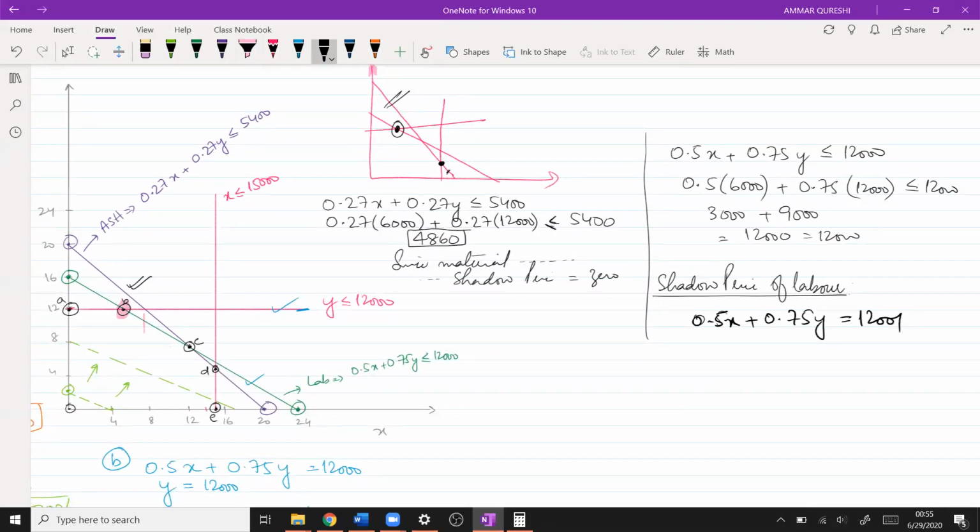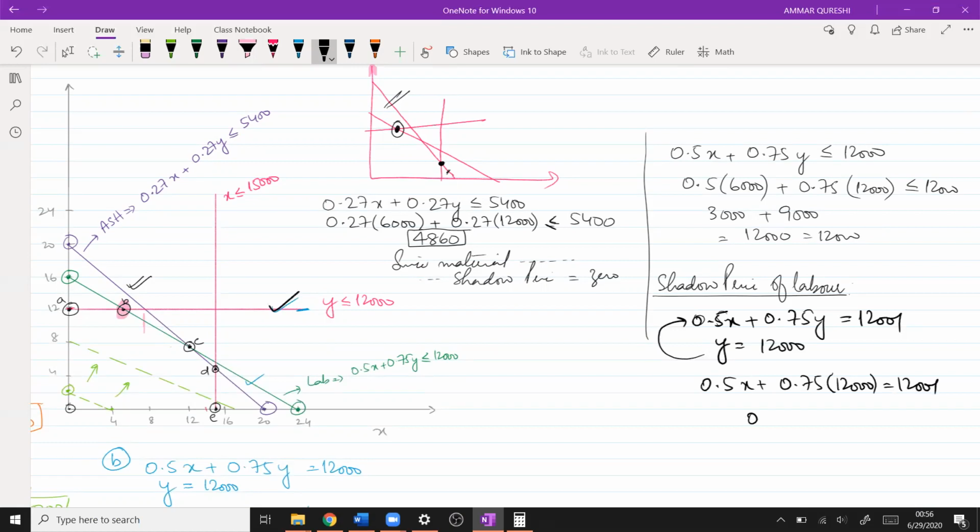And the second equation in this case is the demand function, which is an easier one. Y is equal to 12,000 here. So how can we equate this? We will plug in y here. So we can calculate the value of x: 0.5 of x plus 0.75 of 12,000 is equal to 12,001.